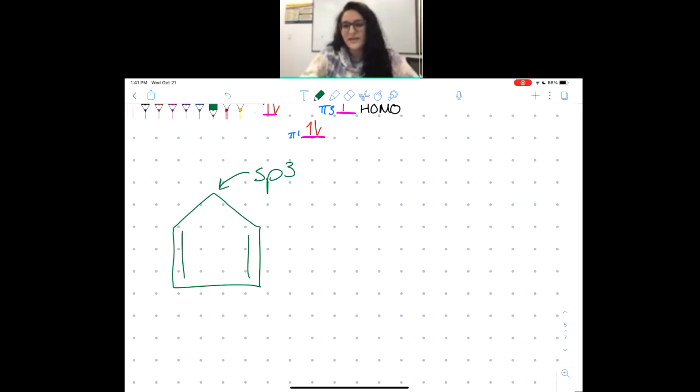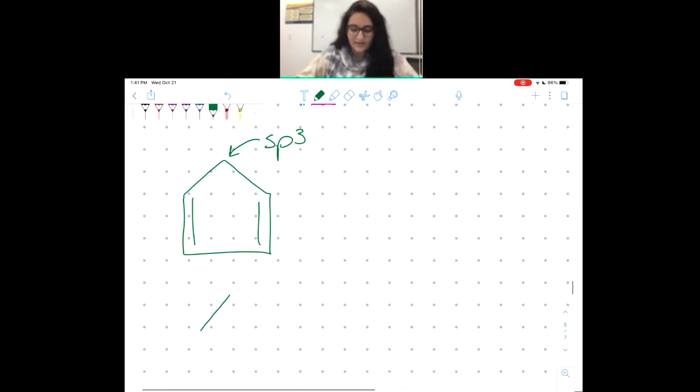And then someone said cyclopropadiene. So a cyclopropane would look like this. So I don't think you could have a diene. Do you mean like one that looks like this or something?